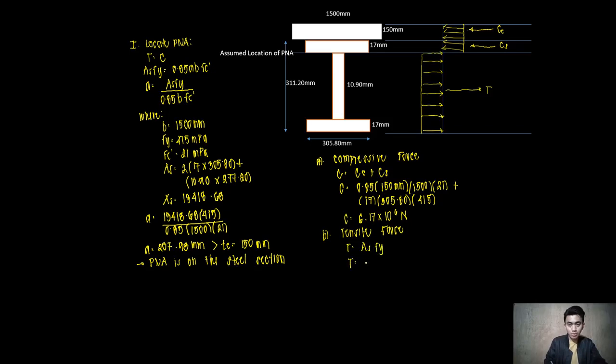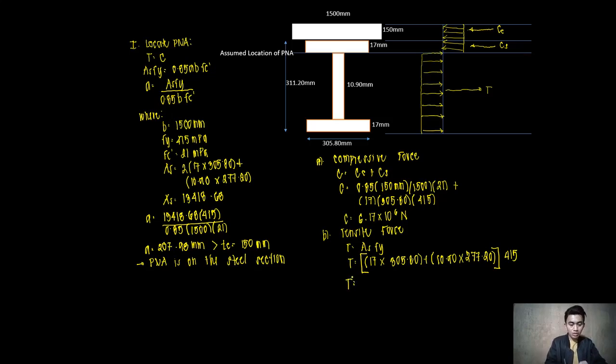T is equal to 17 times 305.80, plus 10.90 times 277.20, wherein this quantity is to be multiplied with Fy, which is equal to 415 megapascal.